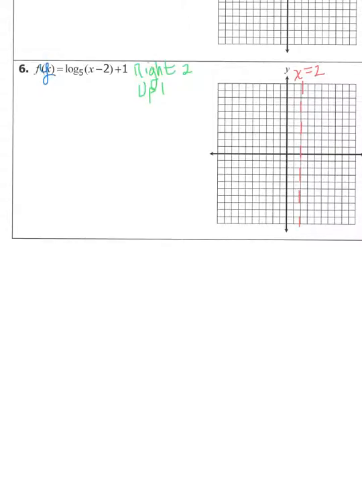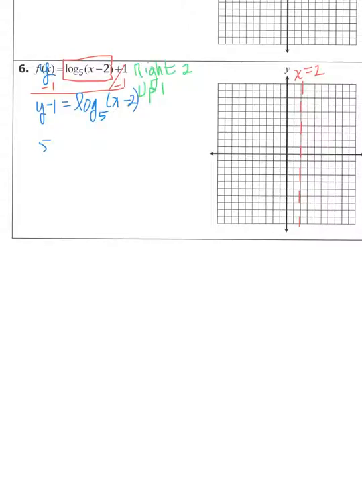So I'm going to change f of x to y. And then I have to get the log by itself. So I'm going to subtract 1. And so I get y minus 1 is equal to log base 5 of x minus 2. So now I have the log by itself, so I can put it into exponential form.